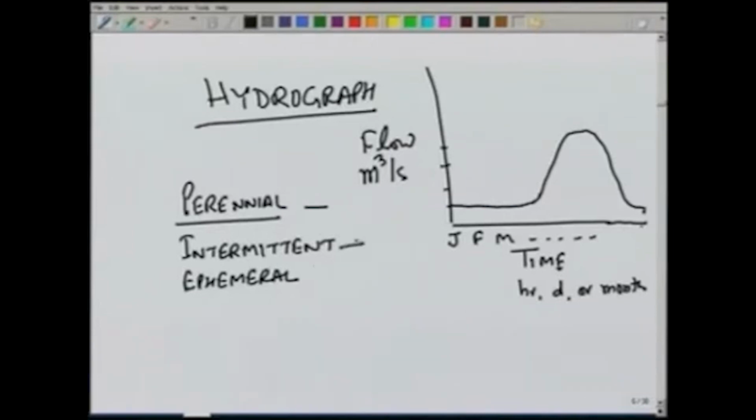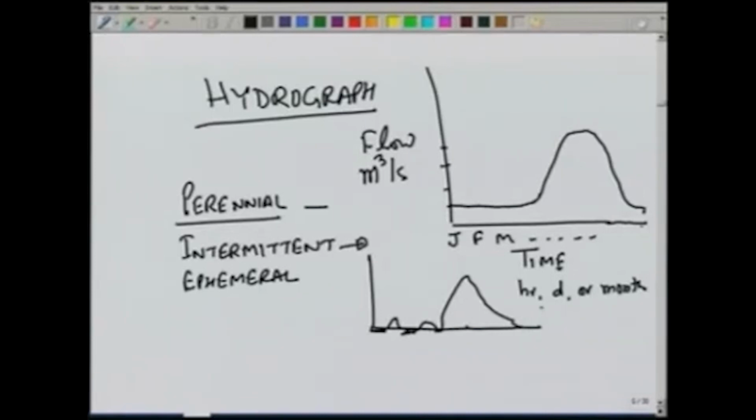For example, the intermittent stream may have a hydrograph which would look like this. So, some part of the year there will be no flow, and during most part of the year there would be some flow in the stream.